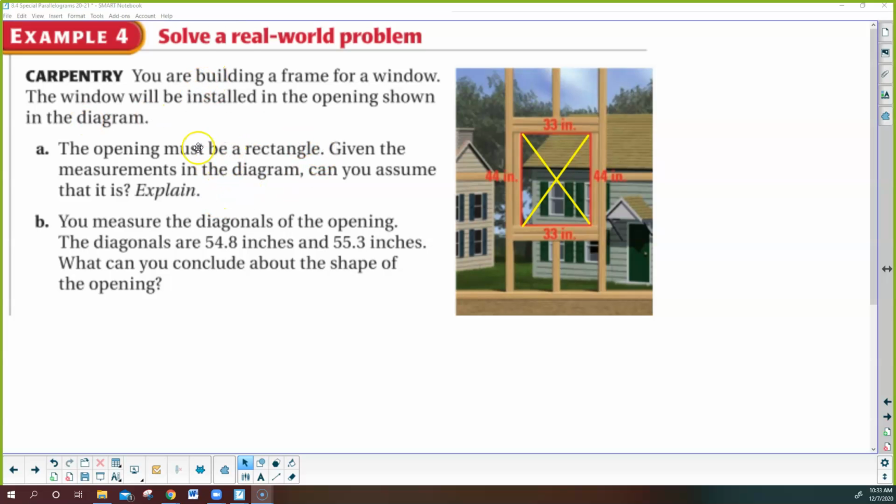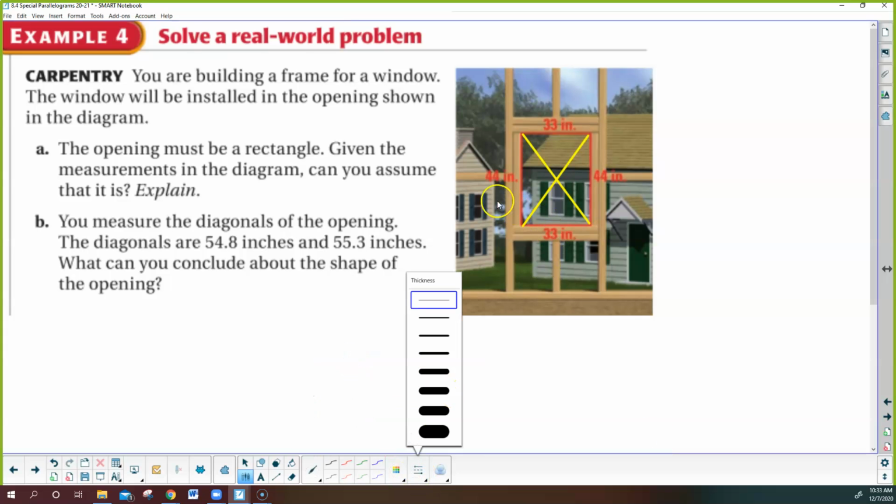Okay, so pause, if you're watching the video here, pause the video, read through this. We are going over answer A. Right now, just by knowing that opposite sides are congruent, does this information give us enough information?